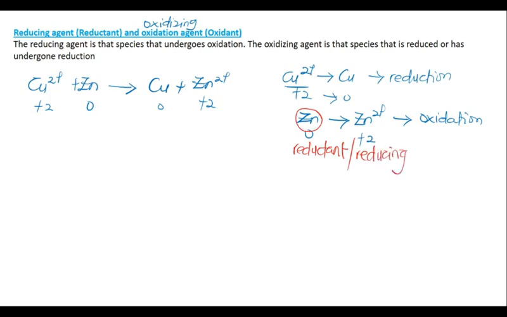And then our Cu2+ over here, because the reaction is reduction, is our oxidant or our oxidizing agent.